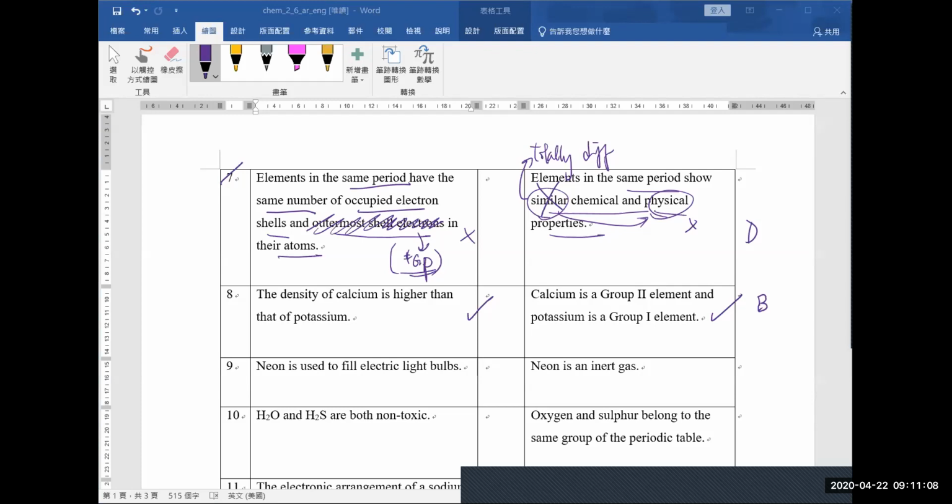Because it is irrelevant. Okay. Now show me your understanding about the explanation part. If you know it is irrelevant, you should have the explanation in mind, right? Density of calcium is higher than that of potassium. How is it related to the density?